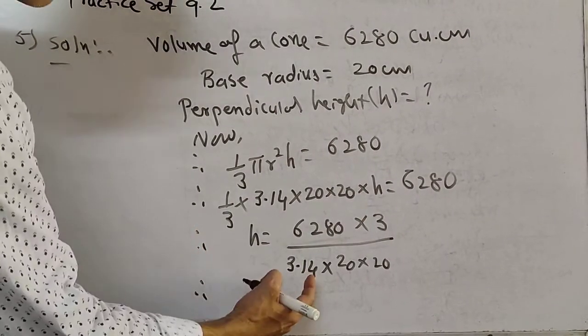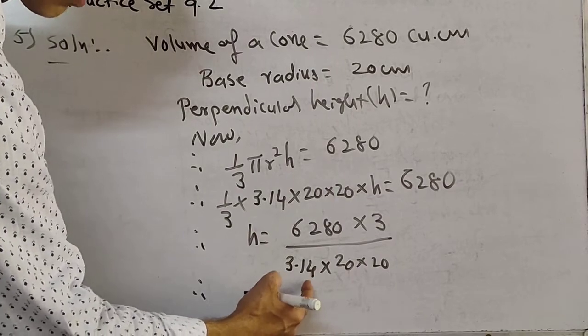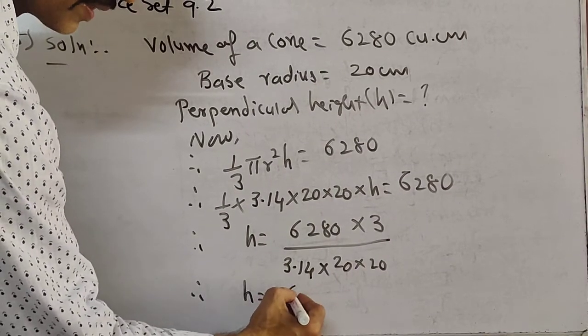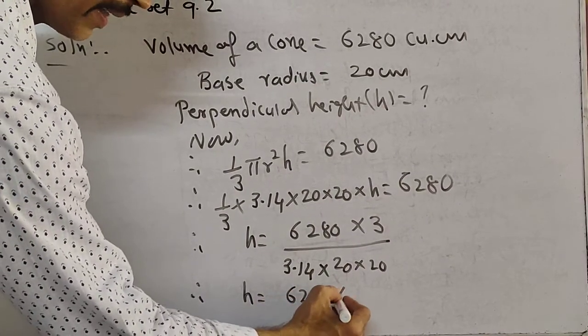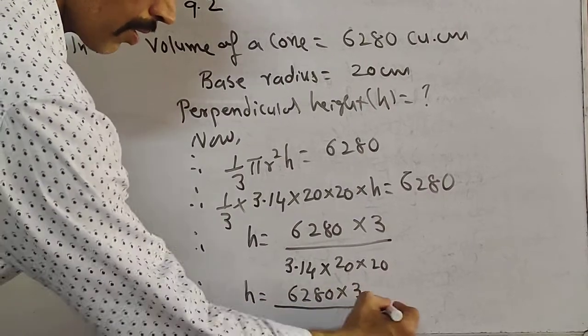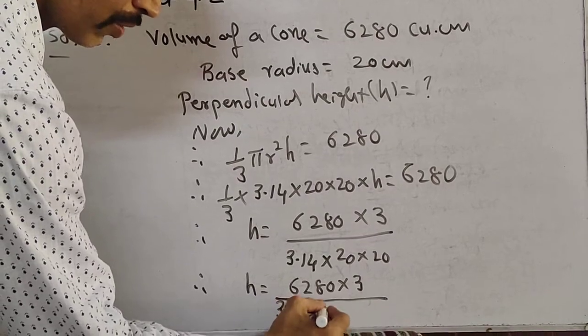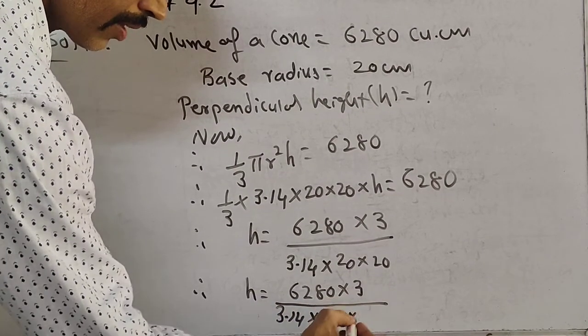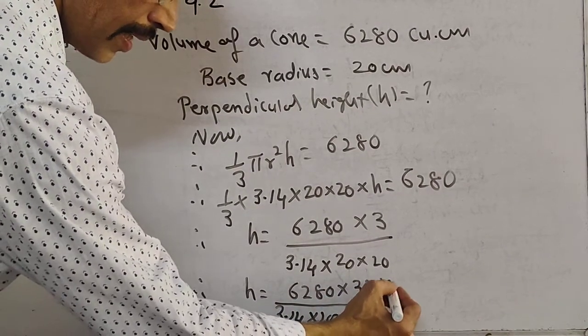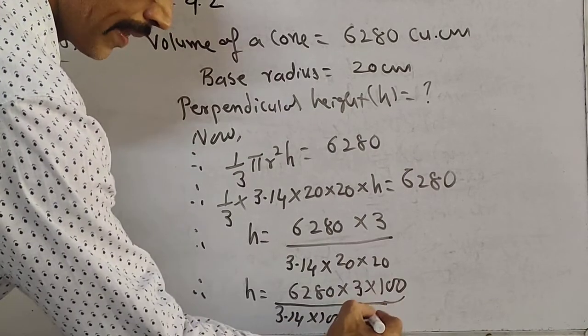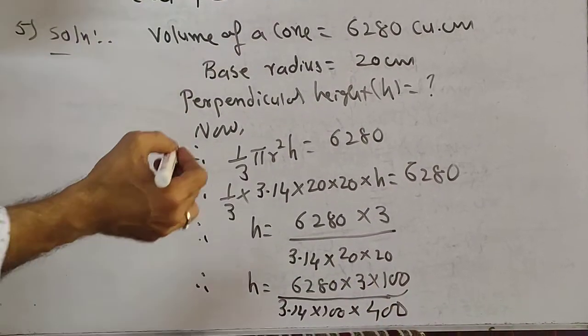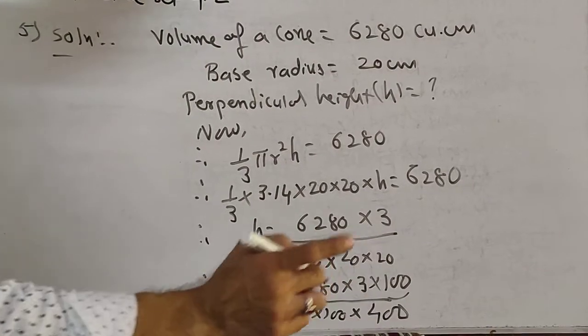Okay, now you have to remove the decimal point. So h is equal to 6280 into 3 upon, we have to multiply by 100, as you know, 3.14 into 100. Okay, up also multiply by 100. 20 into 20 is 400. So if you multiply by 100, the point will get cancelled.